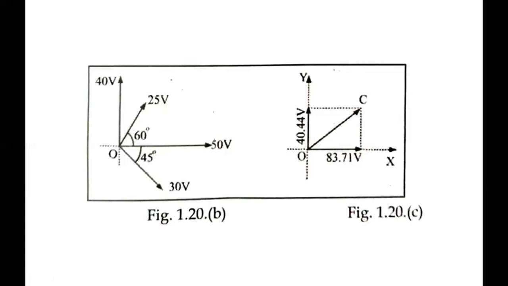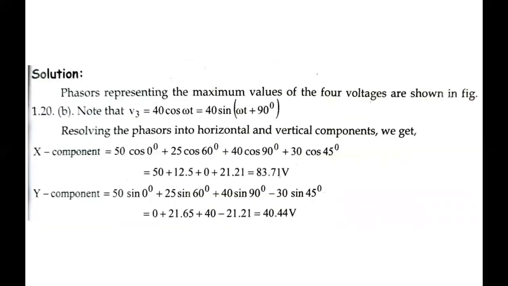And V3 is 40 sin (omega t plus 90). So this is V3, this is V4. Now V3 is 40 cos omega t, that can be written as 40 sin (omega t plus 90).